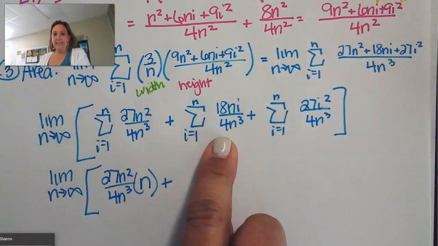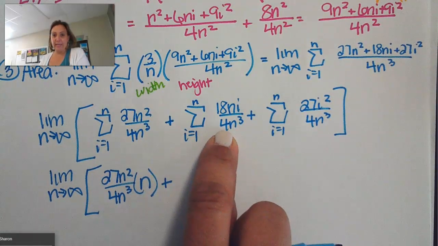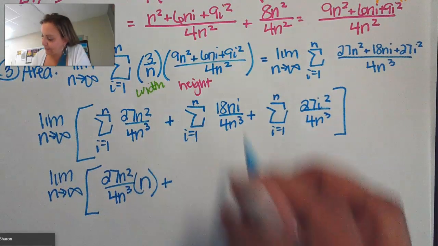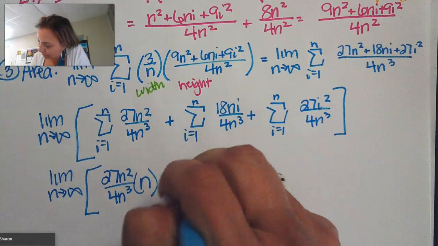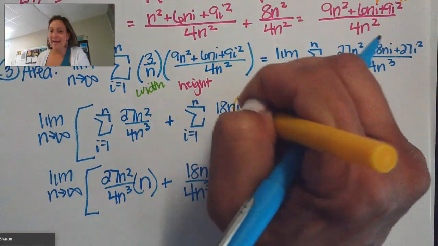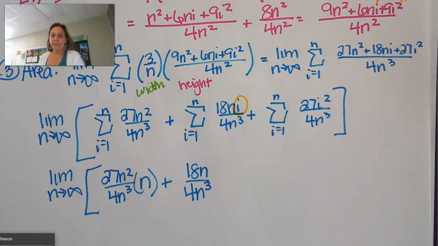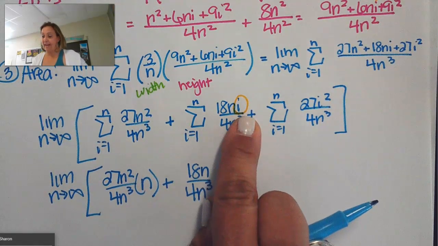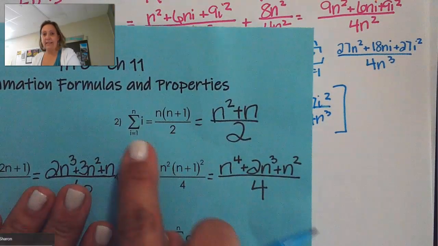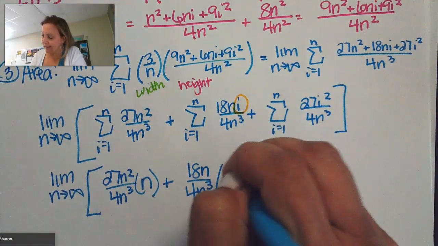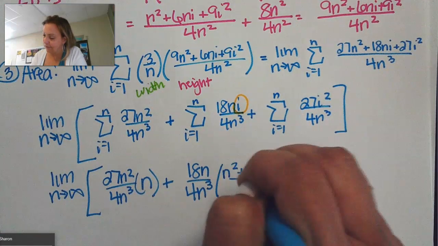Plus, this time we're going to pull out our constant, which is 18n over 4n cubed. Okay, but we have this i that's here. And so what we're going to do is use the rule to take the sum of i from 1 to n. And that's where we're going to use rule 2. So this is where we're going to have n squared plus n over 2.